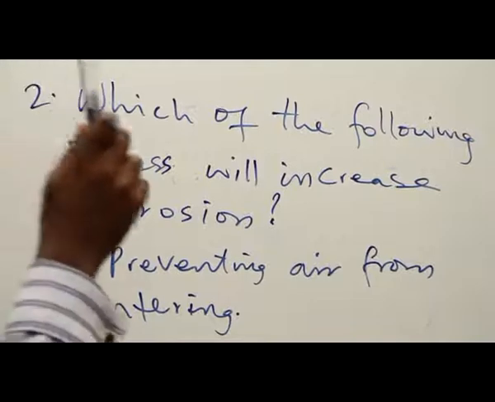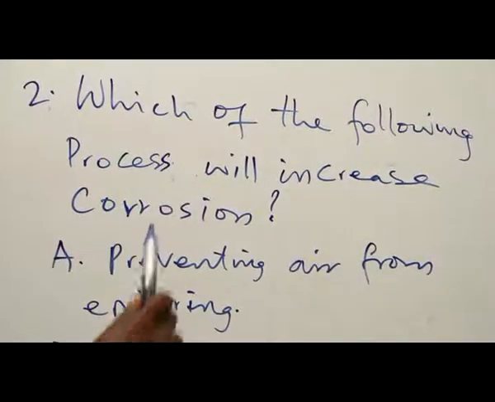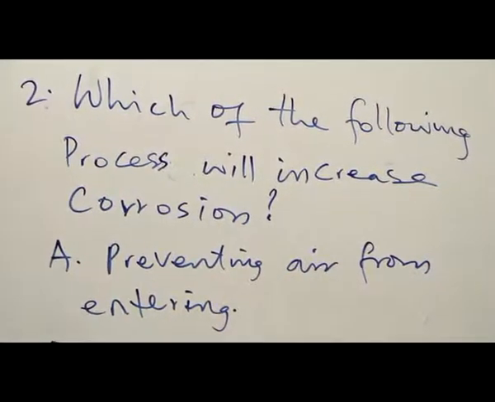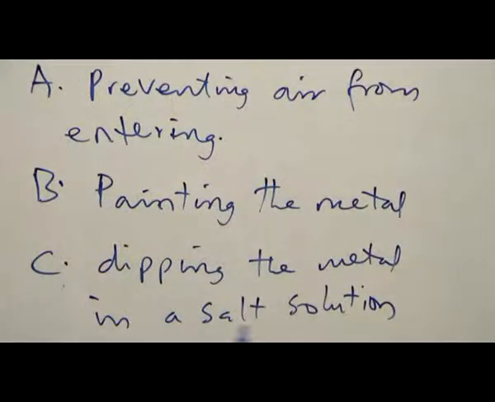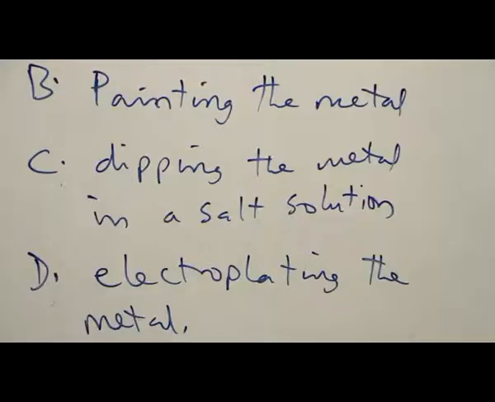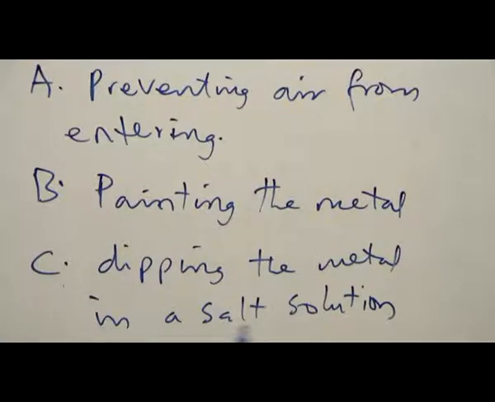Number 2. Which of the following processes will increase corrosion? A. Preventing air from entering. B. Painting the metal. C. Dipping the metal in a salt solution. And D. Electroplating the metal. Option A cannot be the answer because preventing air from entering will prevent corrosion.